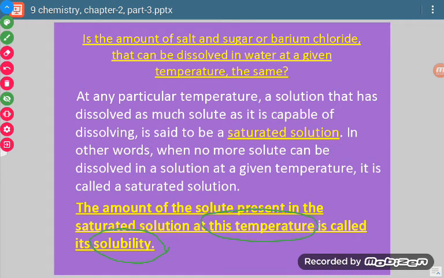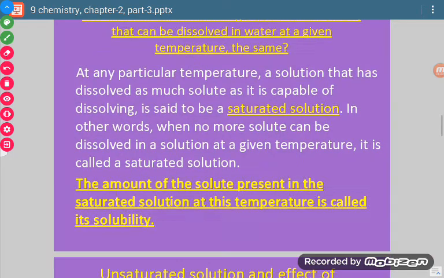If we change the value of temperature, the solubility value will change. If I increase the temperature, solubility will increase, which means more solute can be dissolved in the solution. And if I decrease the temperature, solubility will decrease. So this is very important, which you must remember.